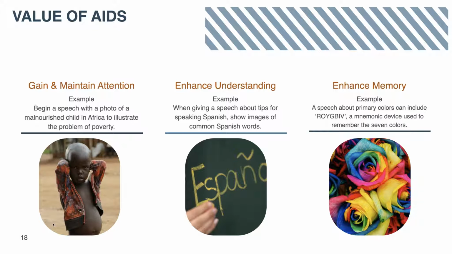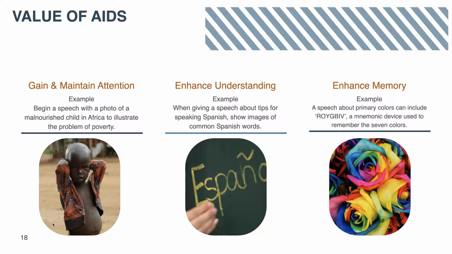I also think it helps in your understanding. If I have visuals that complement what I'm talking about, it definitely helps you understand. Not only does it help you understand, it also helps you remember, right? So you're seeing 3 photos here. If you have a speech on poverty in Africa, and you want to talk about malnourishment, you bring in a visual that connects those things for you.